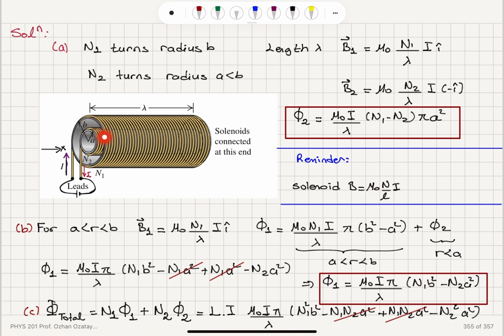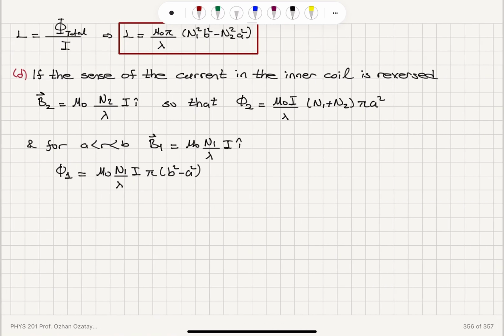This is what we did in part B also. Plus the flux through each turn of the second solenoid, which is now mu0 I over lambda (n1 plus n2) pi a squared.